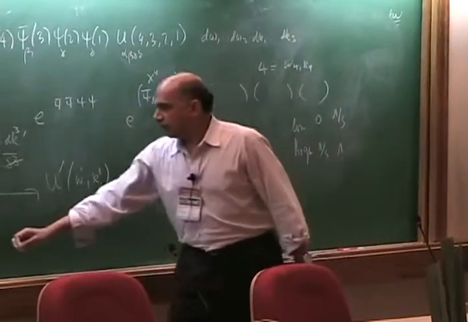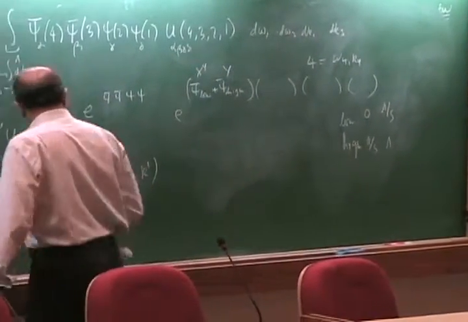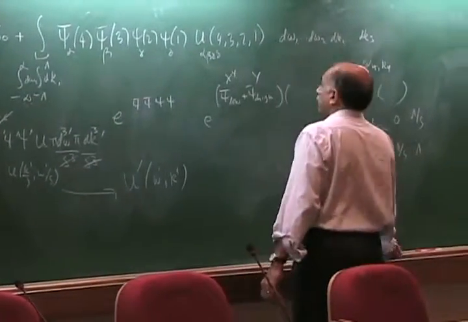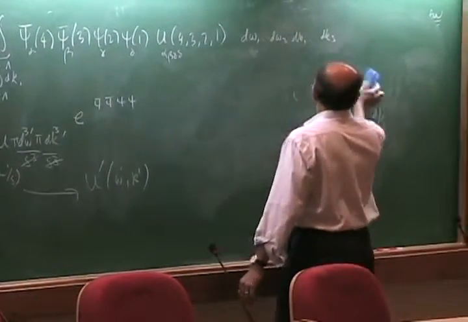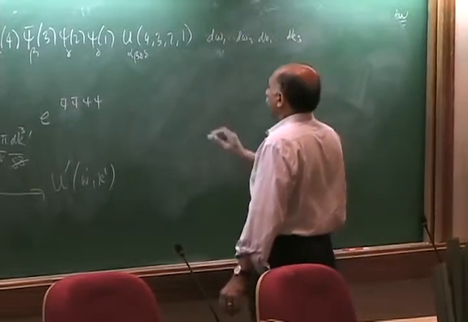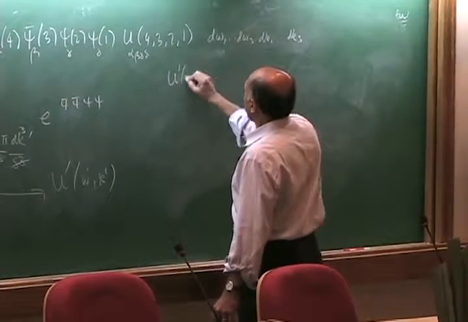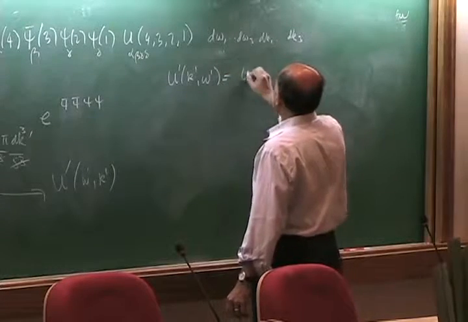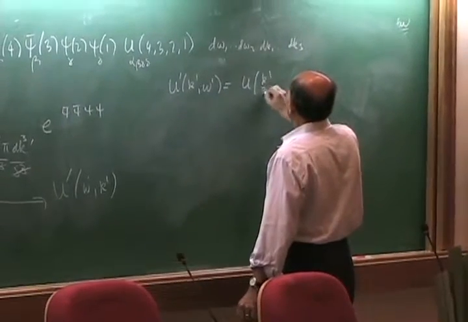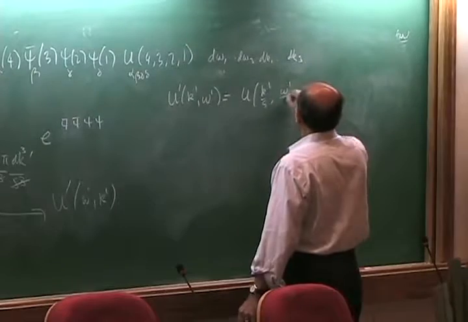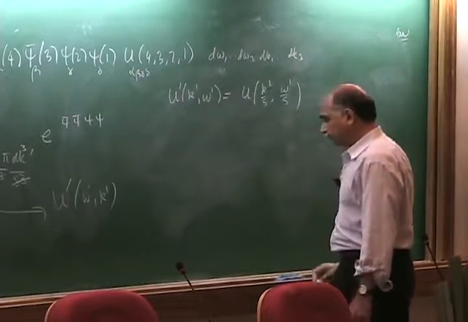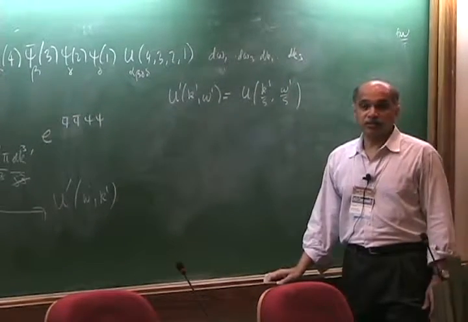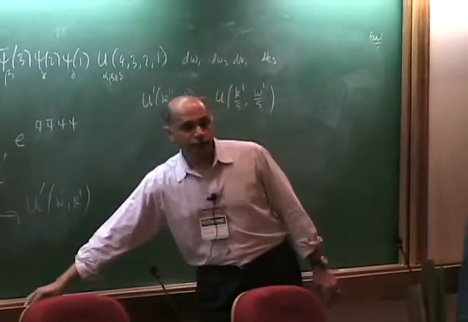So what I want to carry from all of this is that I have found a way to calculate at tree level the following result: U prime of K prime and omega prime is equal to U at K prime over S and omega prime over S. That's the result of this calculation.